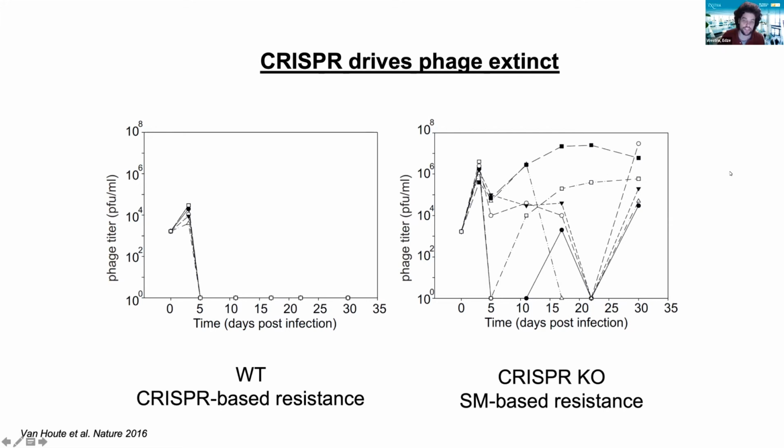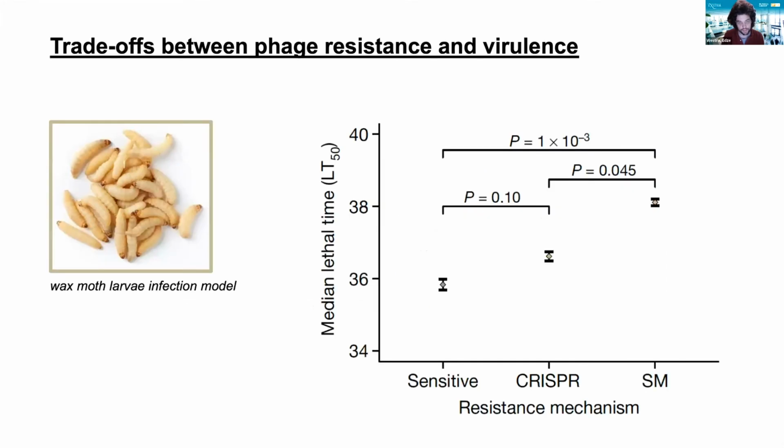There's a second reason why the evolutionary response is important, and that has to do with the virulence of the pathogen. So it's well established that the evolution of phage resistance is very often associated with virulence trade-offs. So what that means is that whenever a bacterium evolves phage resistance, it basically becomes less virulent.